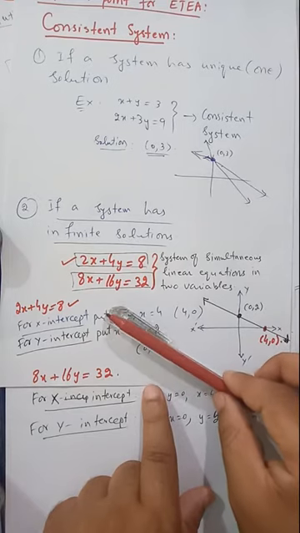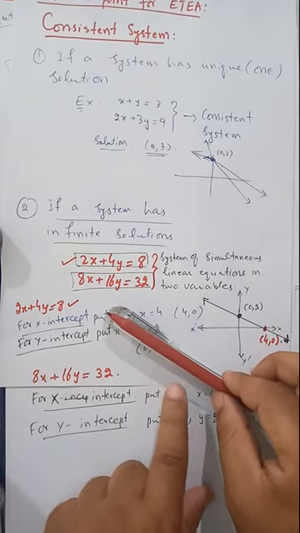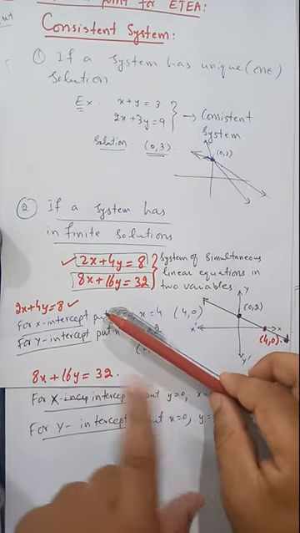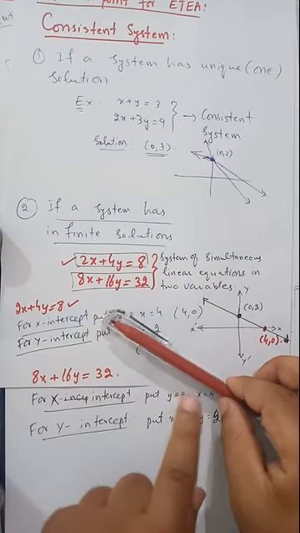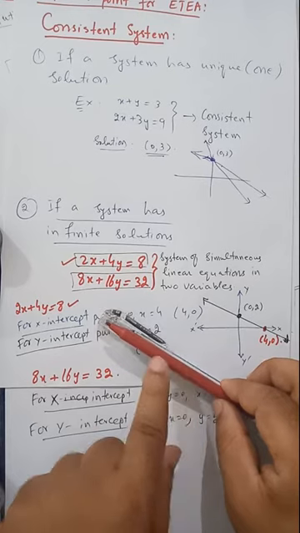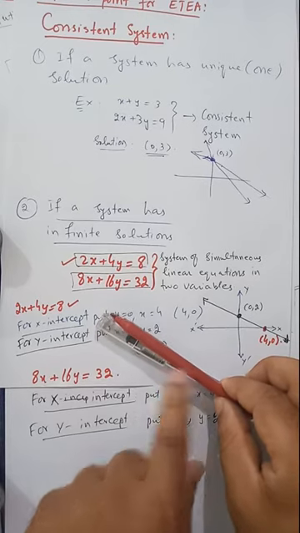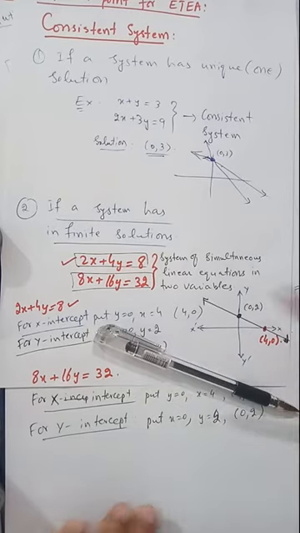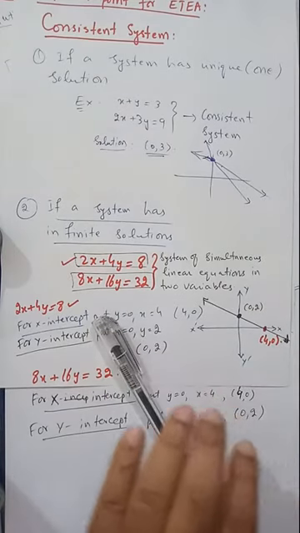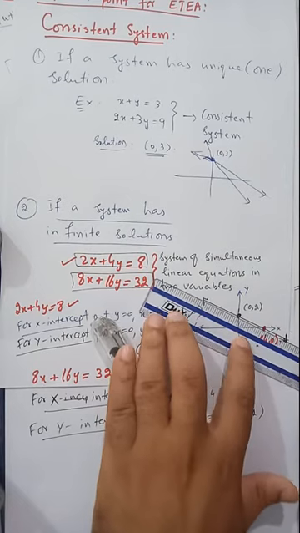Now in this case both the lines lying on each other means there are infinite points of intersection, so that's why there are infinite solutions. Every point lying on this line or on this line will satisfy both the equations, so that's why this system has infinitely many solutions.